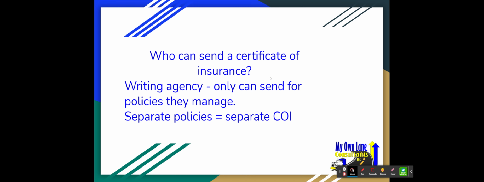If you have your auto liability with agent B and then your general liability with agent C, you're going to have two separate COIs, even if they're going to the same place, even if they represent the same policy. Well, not really the same policy, but the same company. So just remember, separate policies require a separate COI.